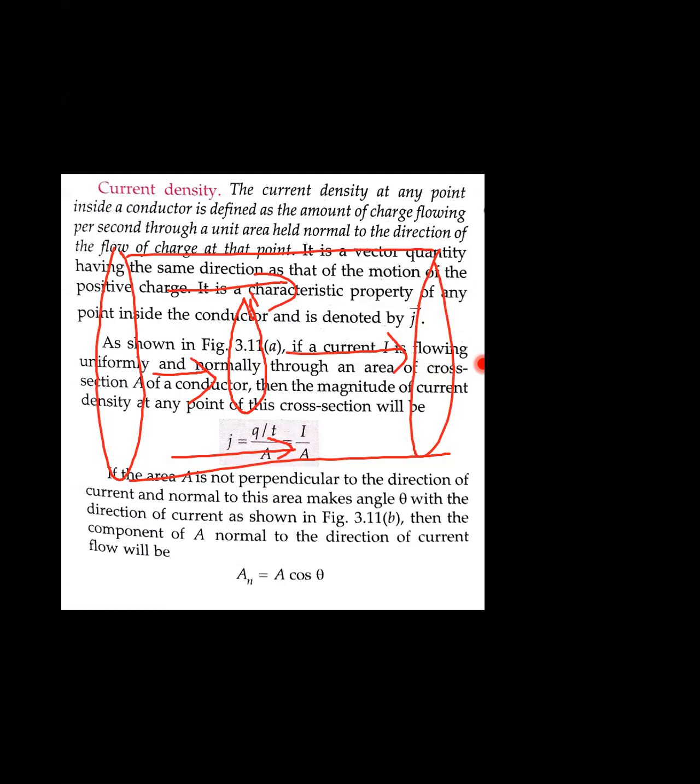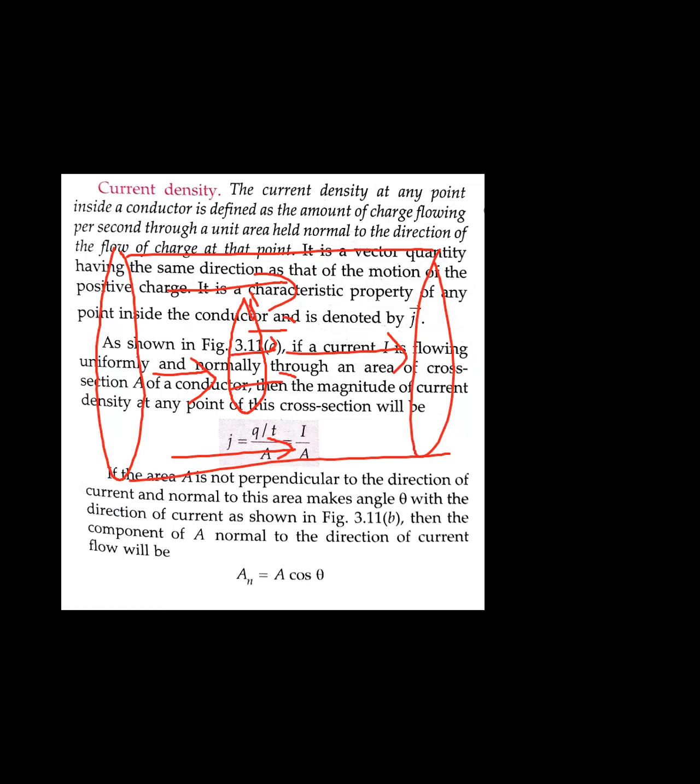So current density is the amount of charge which is going to flow through this area per second, and this area should be normal, at 90 degrees to the direction of flow of charges, right?